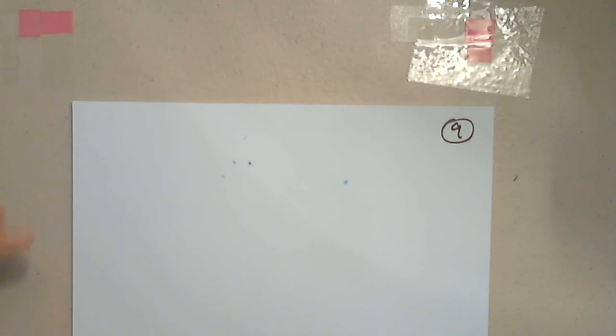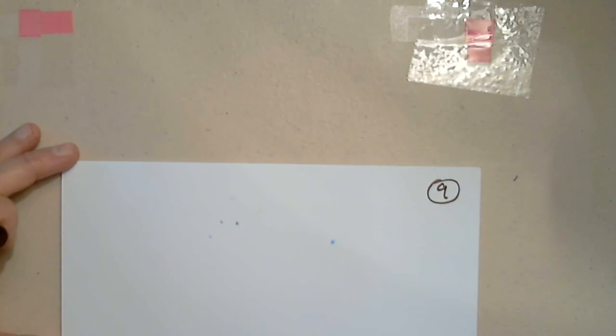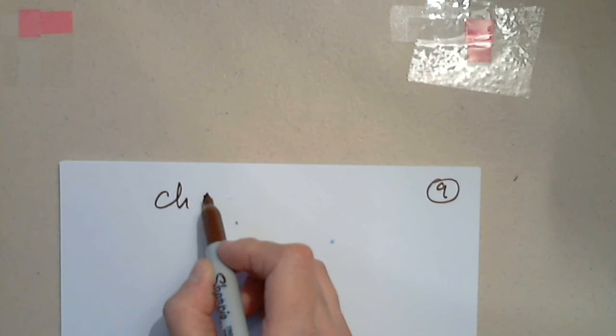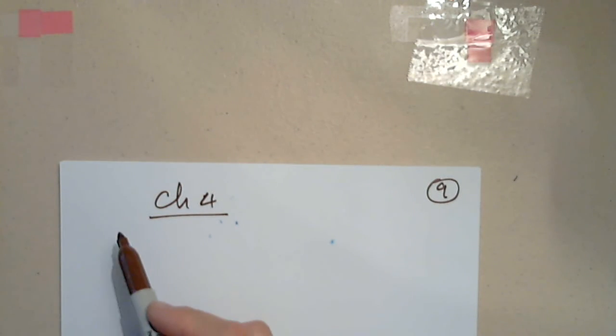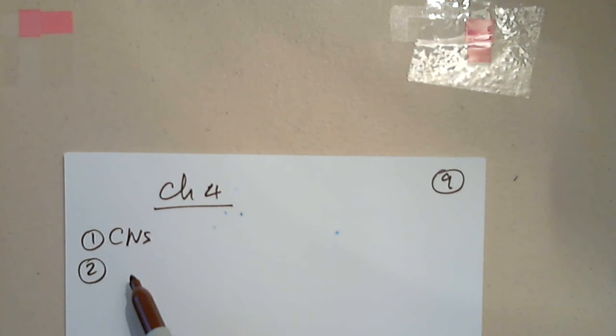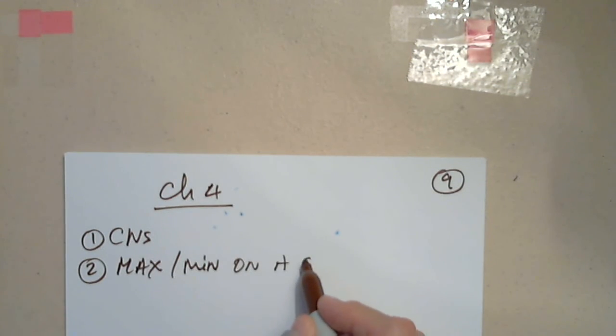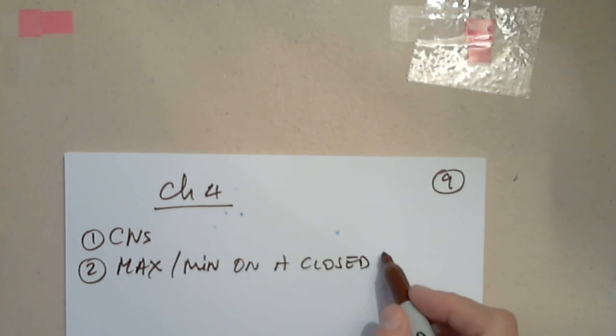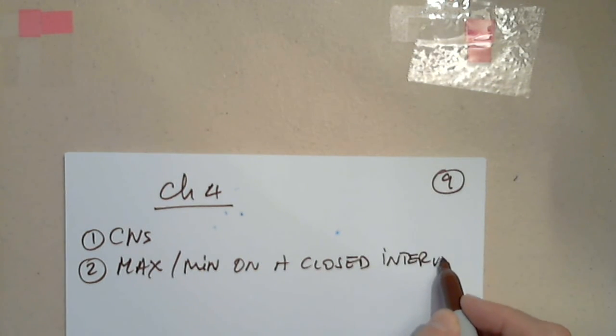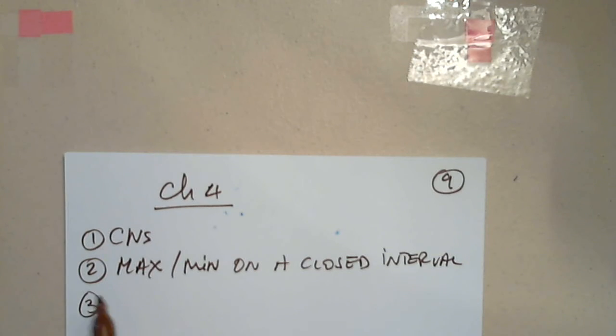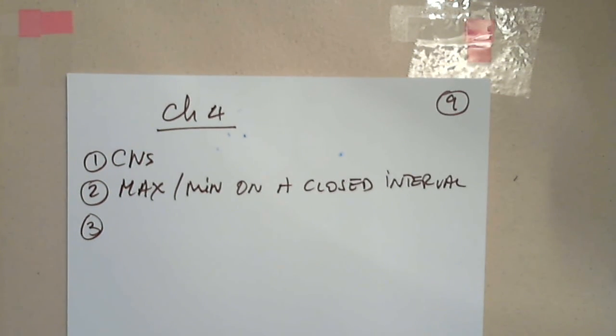What about graphing? So let me just give you the synopsis of this chapter 4. So we're going to look at critical numbers, right? That's one topic. Number 2, max-min on a closed interval. Number 3, graphing.